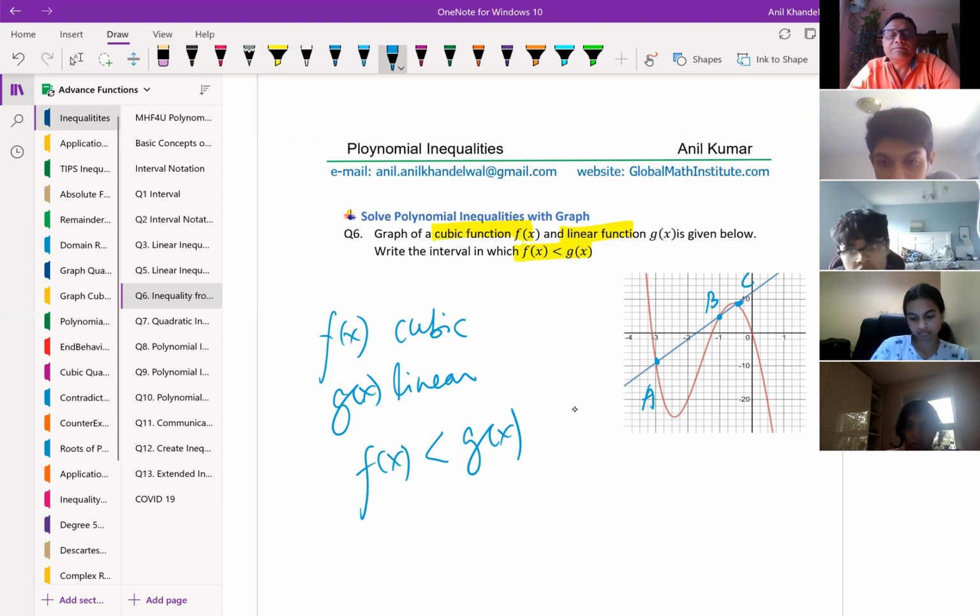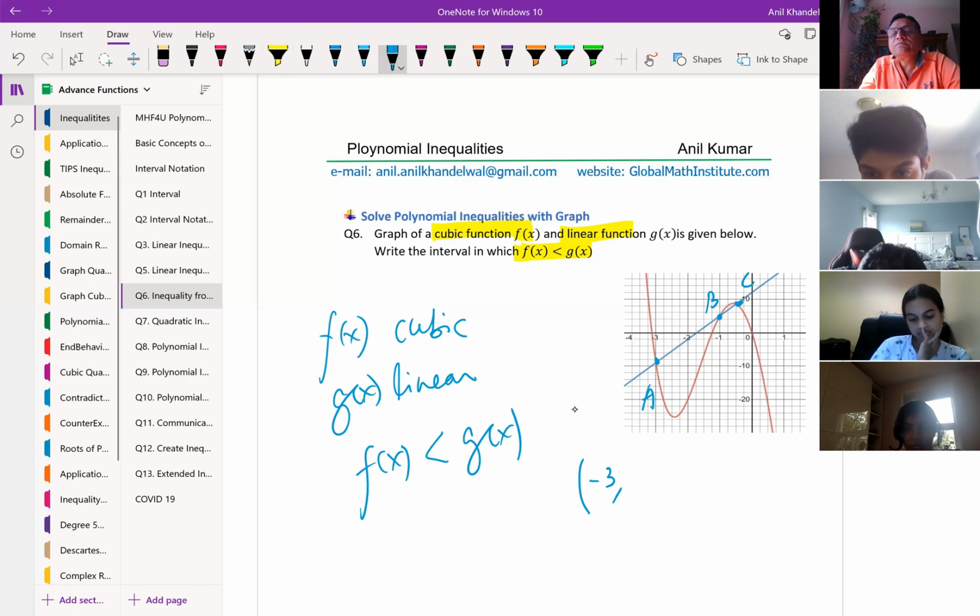Now tell me. At point A, g of x is increasing and f of x is decreasing, right? So that point is included, which looks like -3, right? So x value -3 is correct.